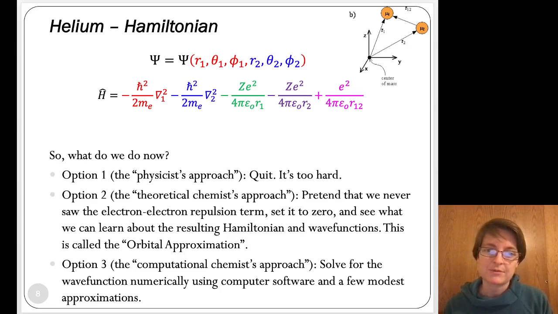No computational chemistry programs are perfect, but they are actually really good. And so even though option 3 is not something we're going to explore today in lecture, it is something that you're going to see show up a lot in our laboratory course that's concurrent with lecture, and something that as we go forward, starting to talk about molecules, we'll bring back to the forefront so that we can talk about some of these computational chemistry tools. But for now, we're going to make some really bad approximations and see where we can go for the rest of today's lecture.